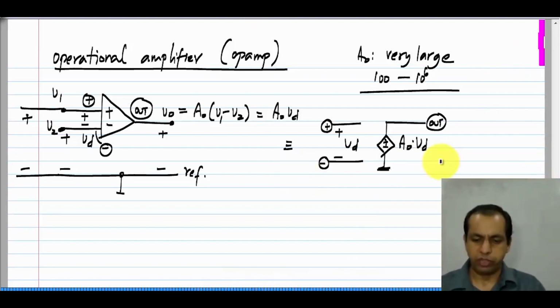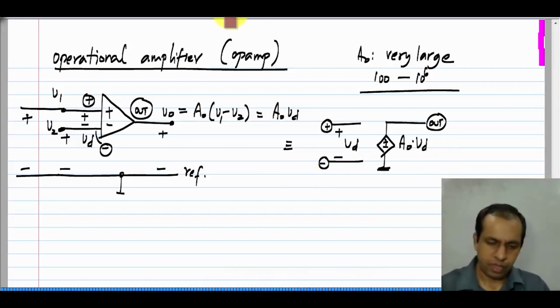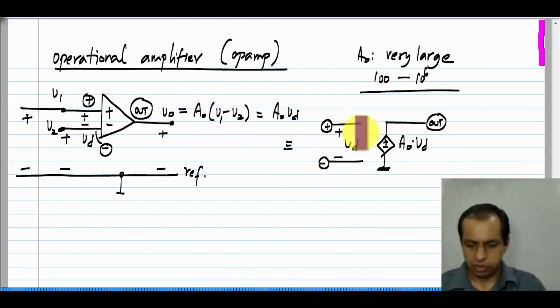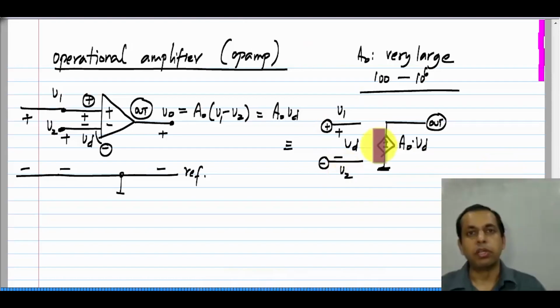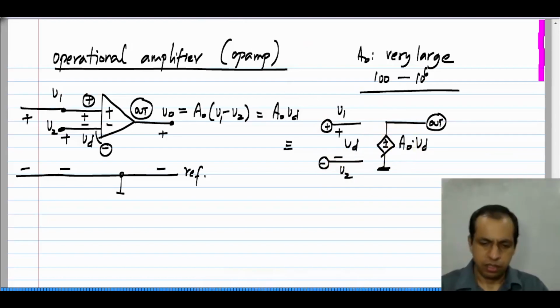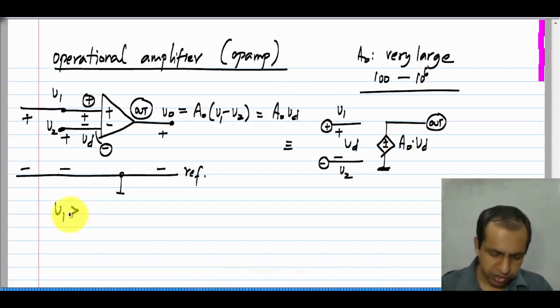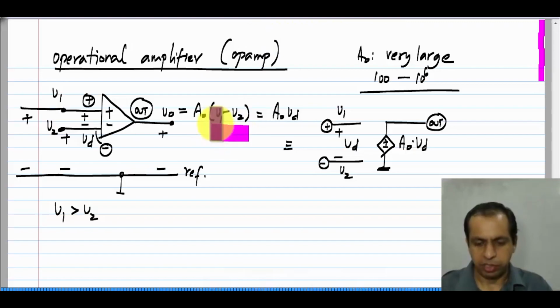So, what can we do with this? What does it mean? This is a voltage controlled voltage source. This voltage is V1 with respect to ground, this is V2. So, what does it mean for us to have a voltage controlled voltage source with a very large gain? This means that if V1 is larger than V2, that means that V1 minus V2 is positive, or this VD is positive.